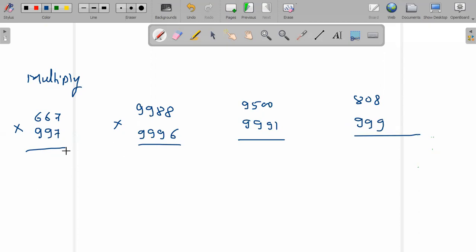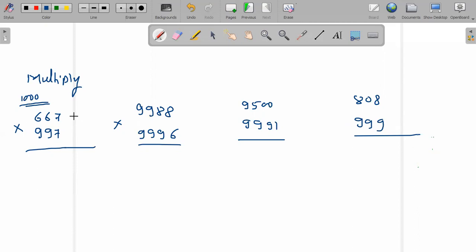Yes. What will be the answer here? These two numbers are near to what? 10,000. Base will be 10,000 here. If base is 10,000, then what is the subtraction here?